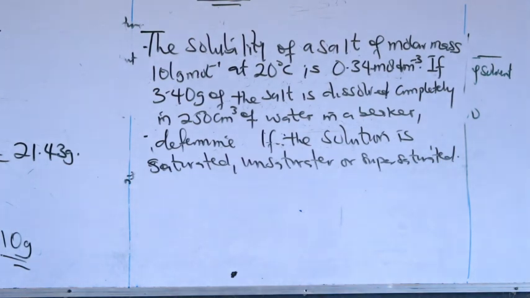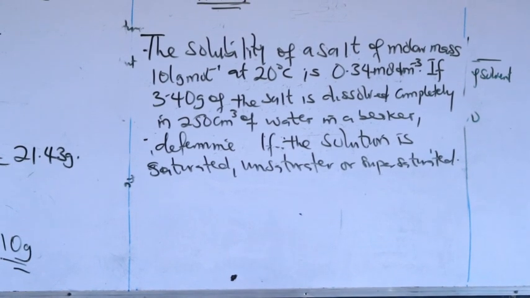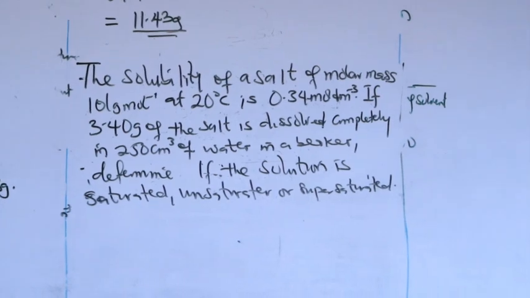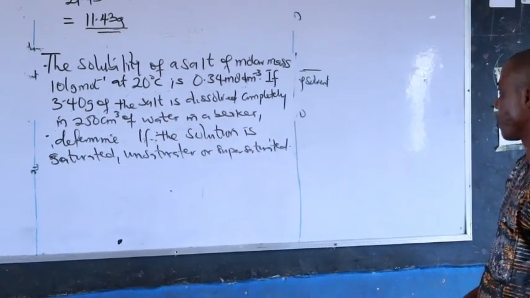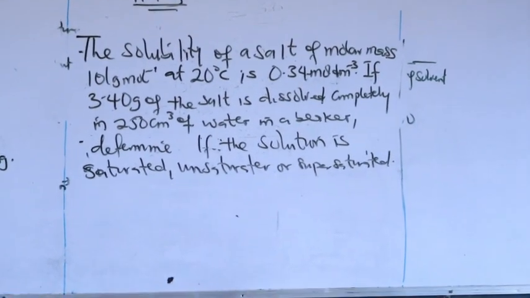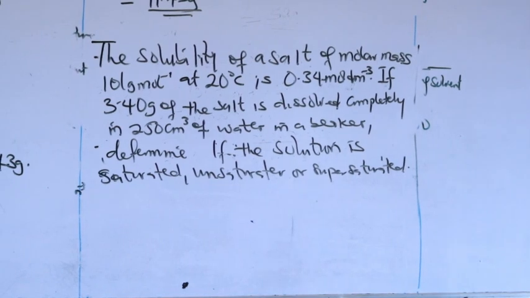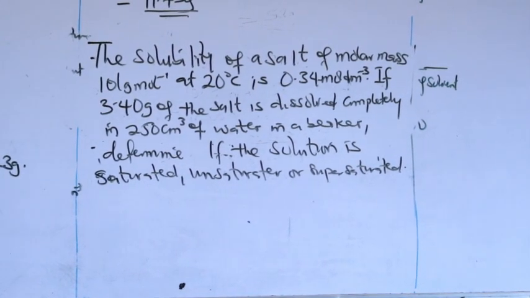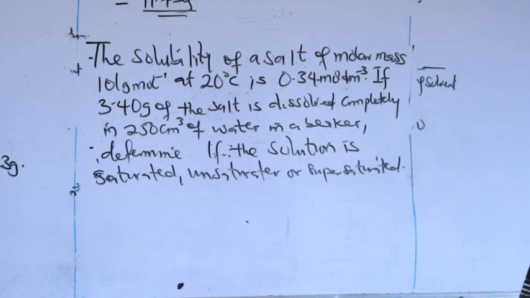The solubility of a salt of molar mass 101 grams per mole at 20 degrees centigrade is 0.34 mole per dm cube. If 3.40 grams of the salt is dissolved completely in 250 centimeter cube of water in a beaker, determine if the solution is saturated, unsaturated, or supersaturated.